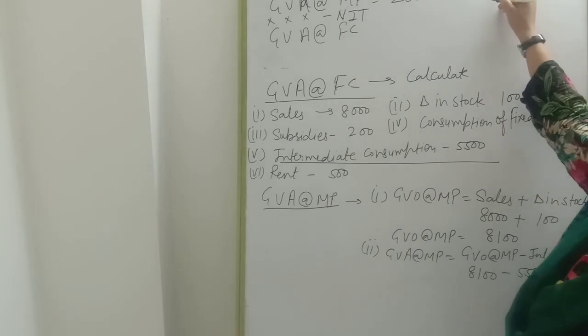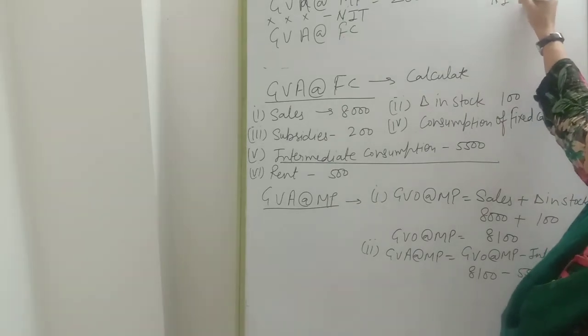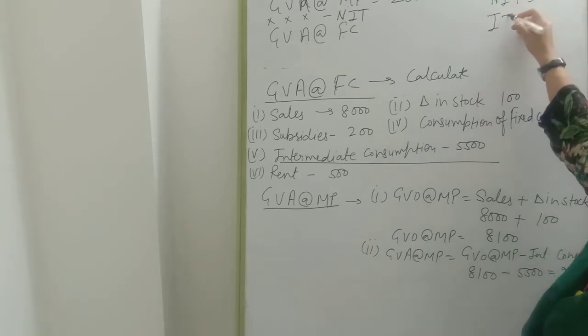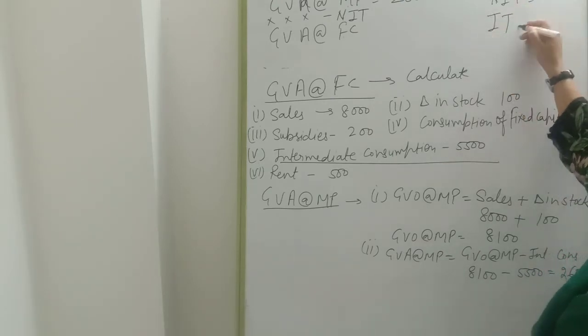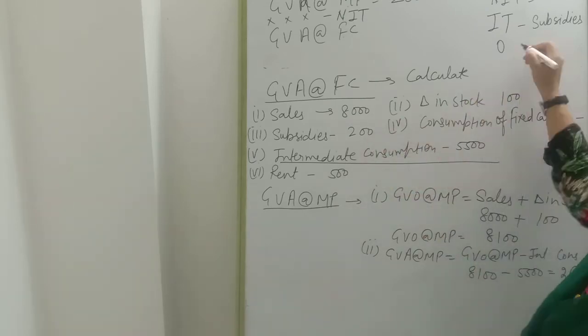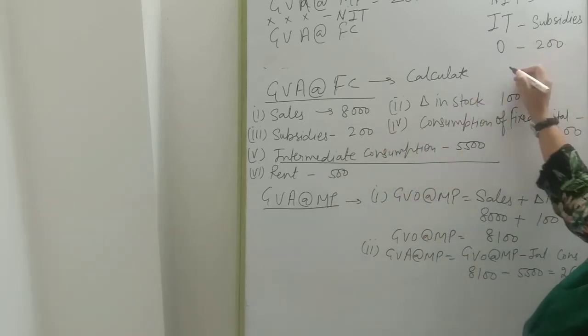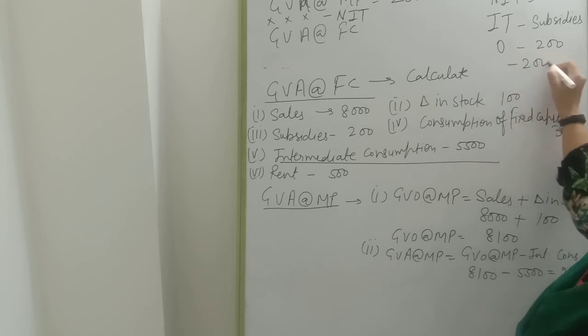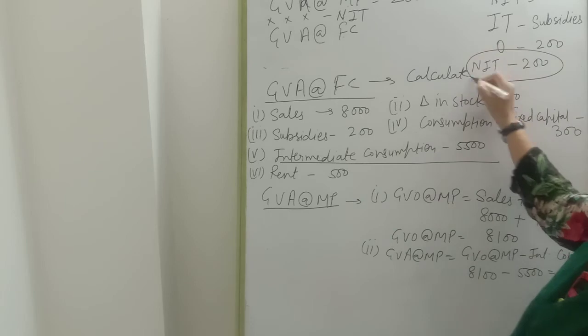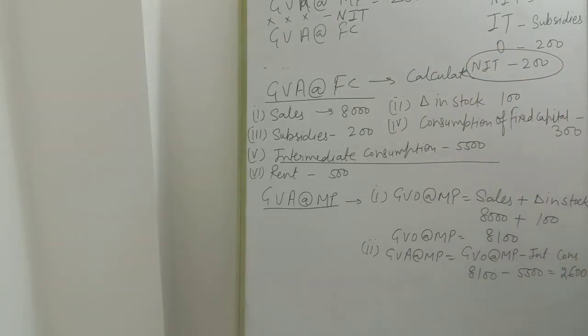So, how to calculate net indirect taxes? I gave you the formula earlier: indirect taxes minus subsidies. Indirect taxes in this question are not given, minus subsidies, which is given as 200. So net indirect taxes are minus 200. Clear?